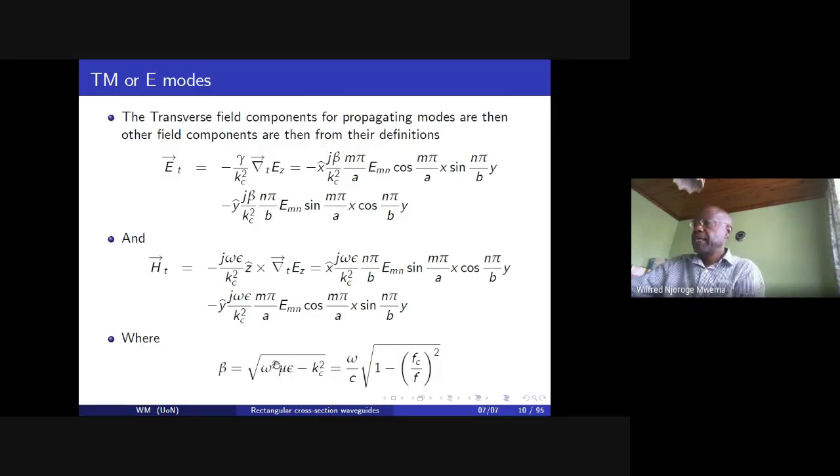where the beta is of course given by the square root of k squared minus Kc squared, which is omega by c root 1 minus fc by f all squared.